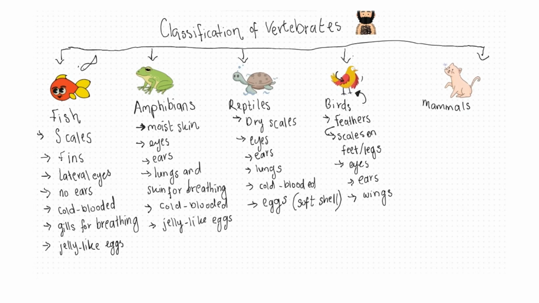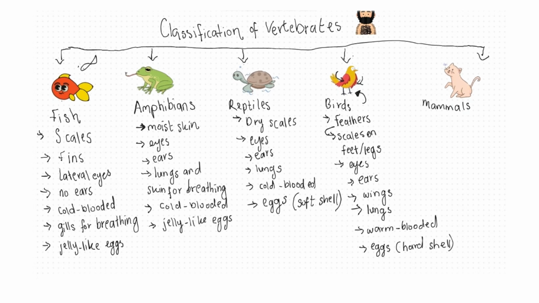And something unique to the birds, which you have not seen in the previous classes, is that, besides the lungs, they are warm-blooded. Warm-blooded meaning that they can maintain their internal body temperature, even though surrounding temperatures may change. And lastly, eggs. They do lay eggs, but their eggs have hard shells, unlike the reptiles.